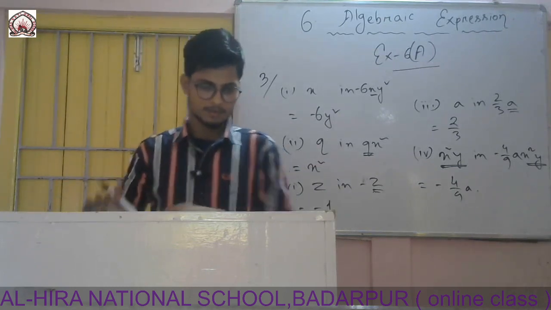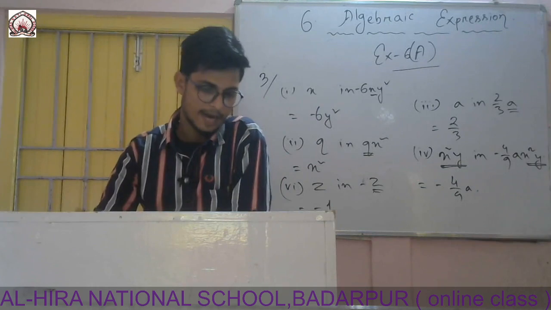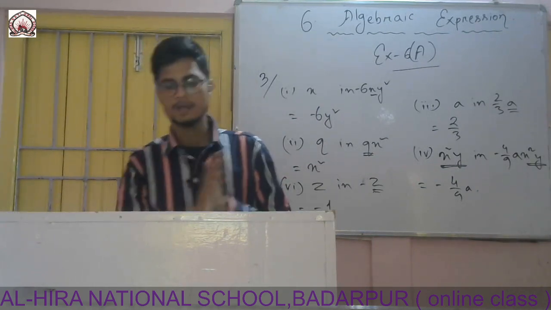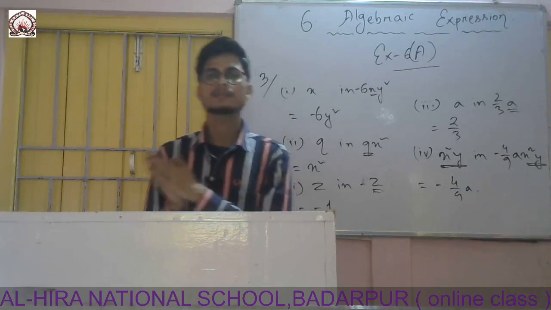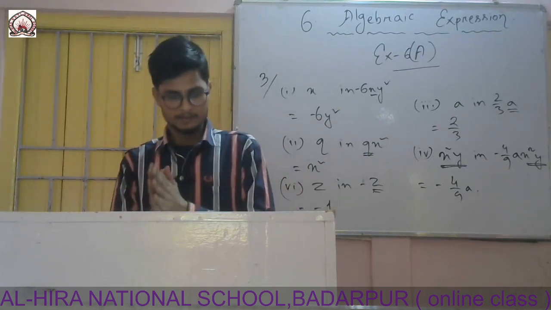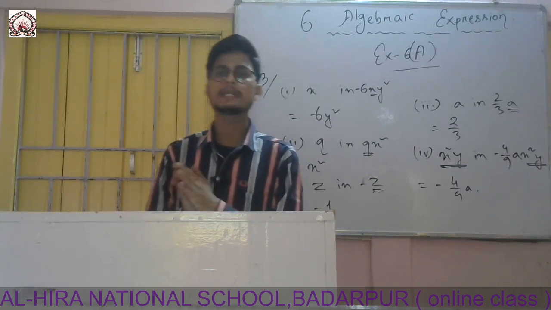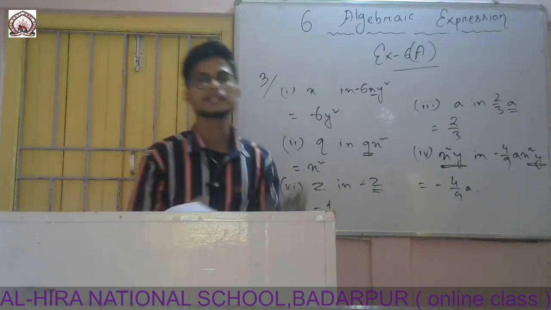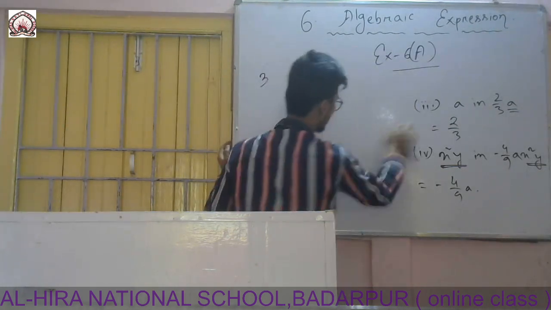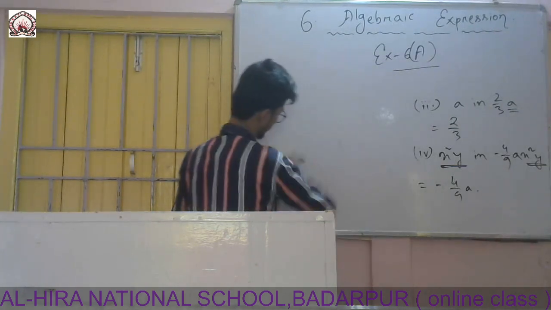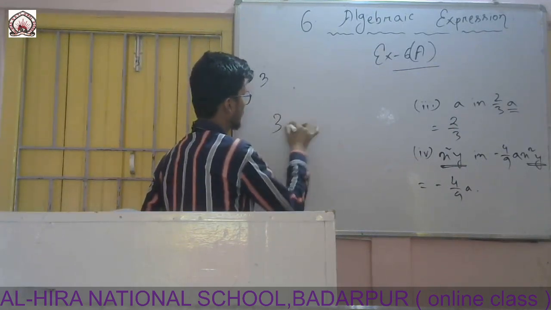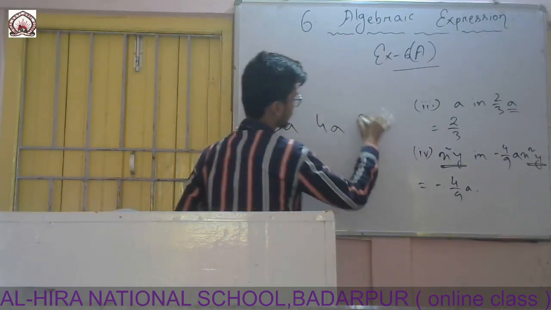Okay. So now question number 4. Identify like terms in each of the following. So what is like term and what is unlike term? So like terms, if all the terms have the same literal factor. Earlier I have discussed what is a literal factor. For example, 3a, 4a, 5a.